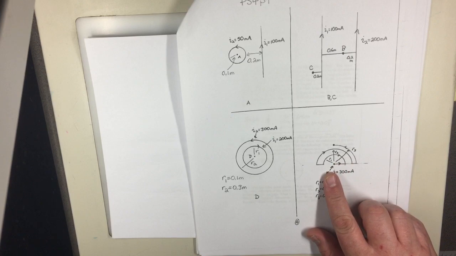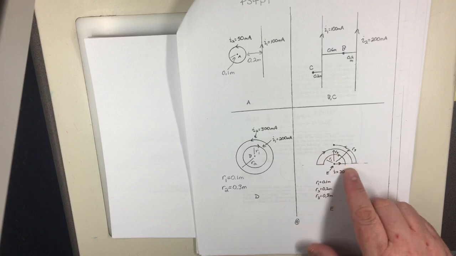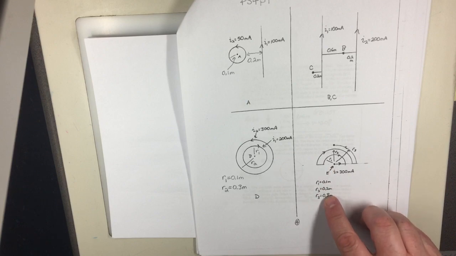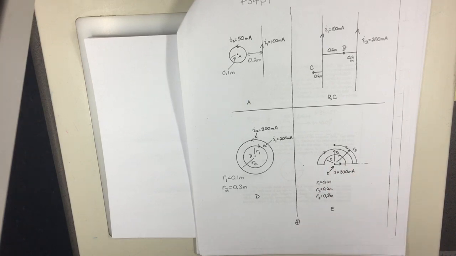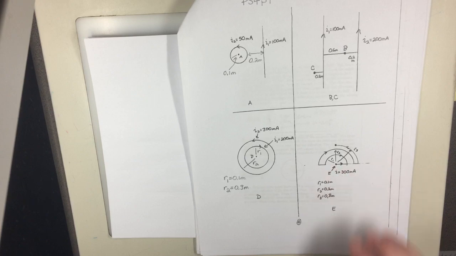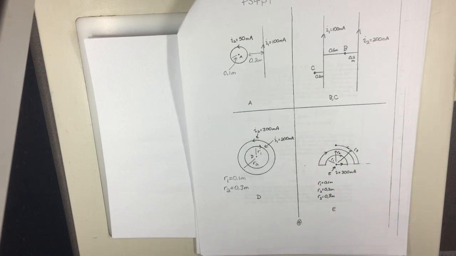Here, we magically have a current appearing at the center and radiating outward, and we have 3 different arcs. And I give you the radii of those arcs. Also, there are physics reasons why you can ignore the parts of the wire that are aimed directly at the center. I'm only interested in the B field contributions made from the arcs, not from those little lines.